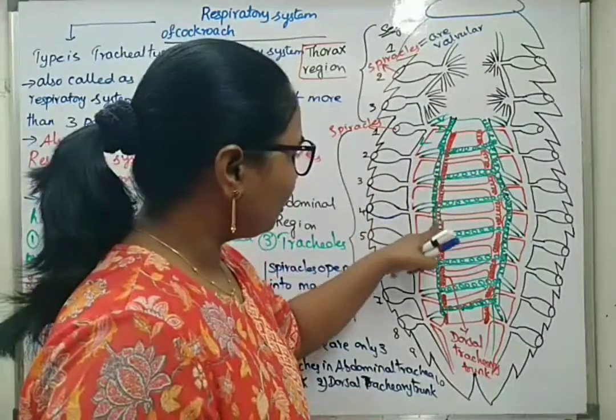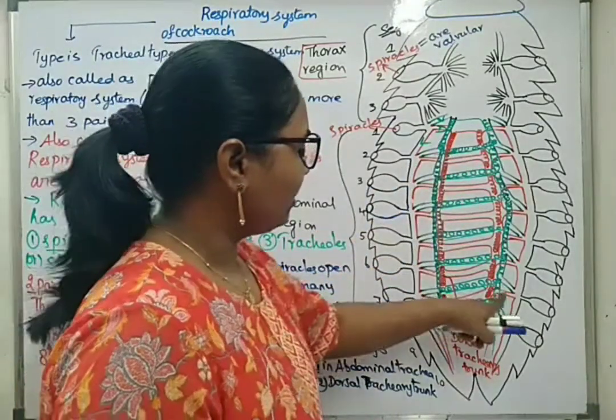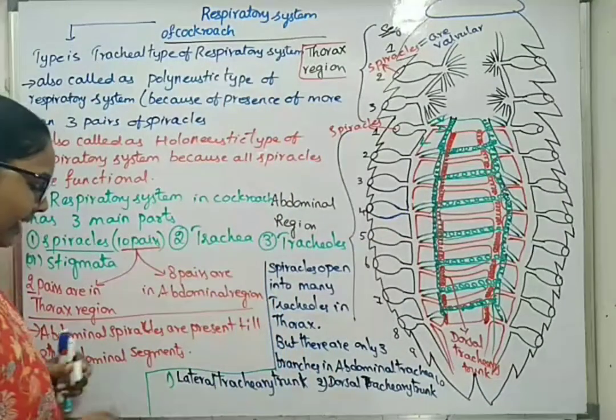This green color long shaded line-like structure is the ventral tracheary trunk.